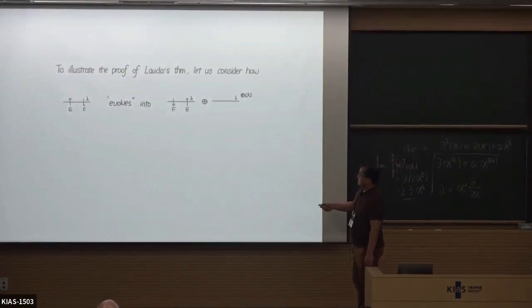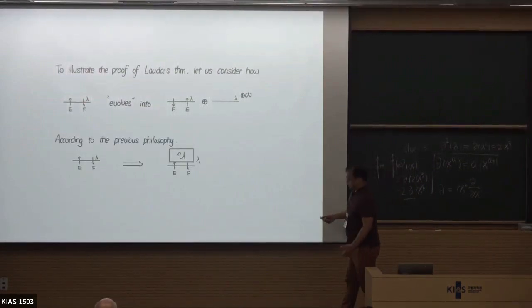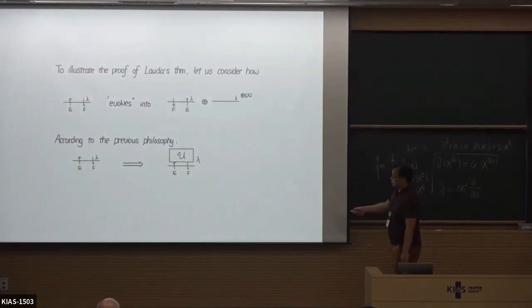So how does this one-dimensional picture for the quantum group case evolve into a direct sum? According to how we carry out categorification, this one-dimensional picture is represented by a class in the two-dimensional picture by left modules of this form, where the bottom has E and F. So isomorphism classes of modules of this form in the Grothendieck group will represent this one-dimensional picture.